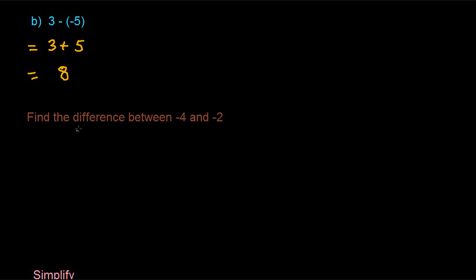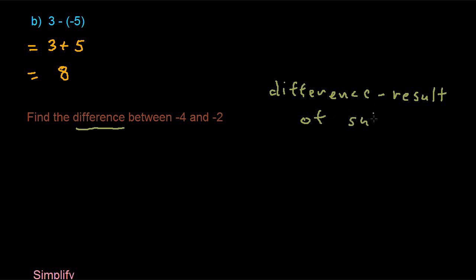The next problem says find the difference between -4 and -2. We better define what difference means. Difference is just the result of a subtraction. So we want to rewrite this as a subtract problem: -4 subtract -2.